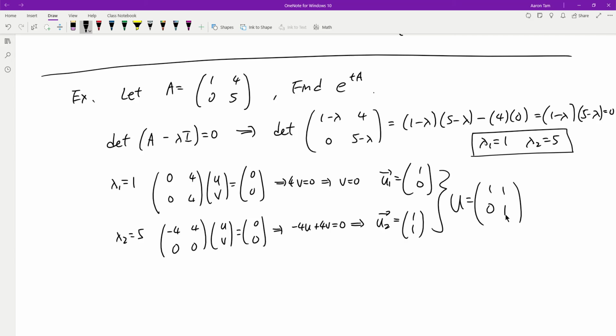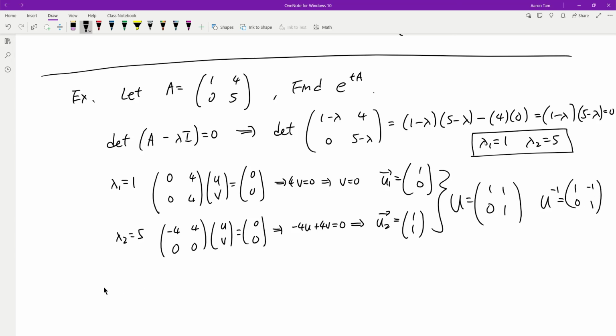So that makes sense. Then what is U inverse? It's not too hard to do because the determinant here is 1 times 1 minus 0 times 1, which is 1. So we can totally ignore the 1 over (AD minus BC) part because that just becomes 1. And then the formula basically tells me to flip A and D, which are both 1, and then negate B and C, so it becomes this.